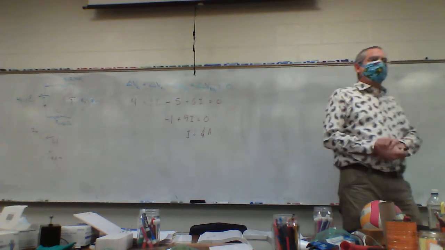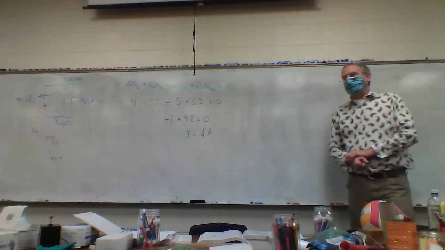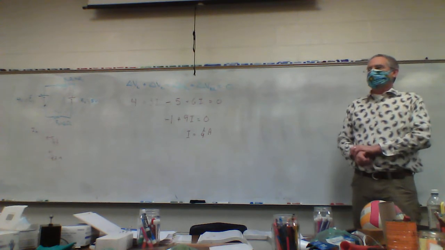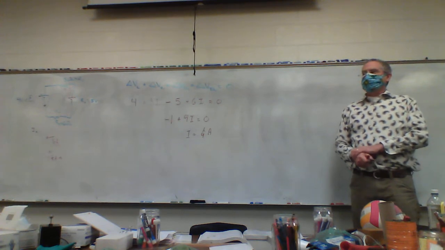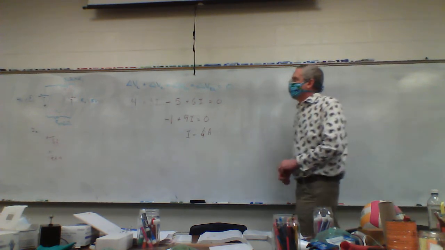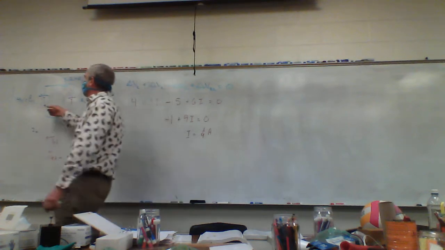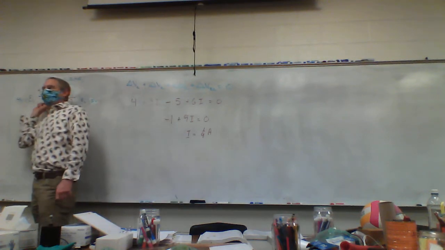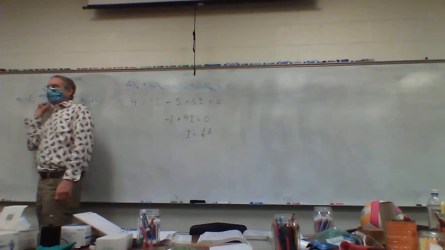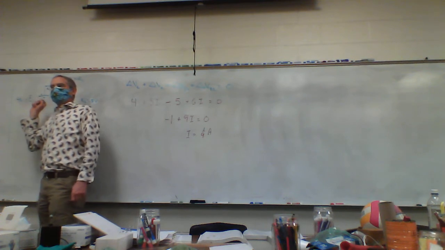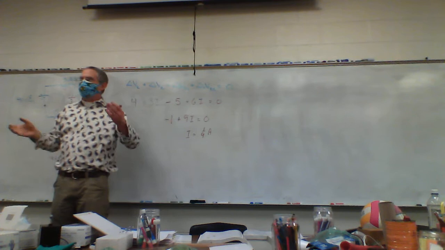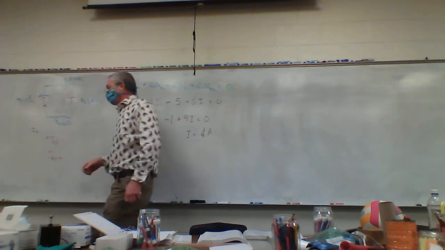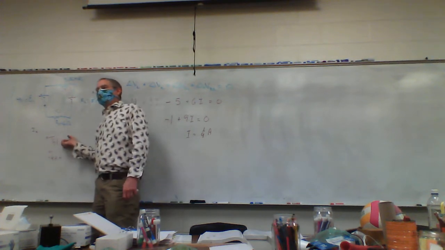So the direction I choose my current to be in the beginning is completely irrelevant to what my final answer is going to be. You pick a direction and you live with it. Matter of fact, the direction I take my loop here doesn't matter. I'm going to get the exact same answer. Now it might be plus 1/9 or minus 1/9, depending upon the way I define things, but it's still going to ultimately end up with the same current in the exact same direction.